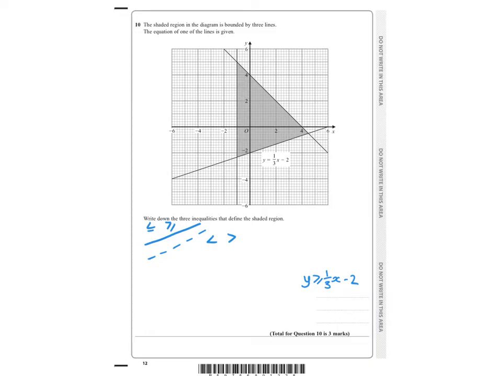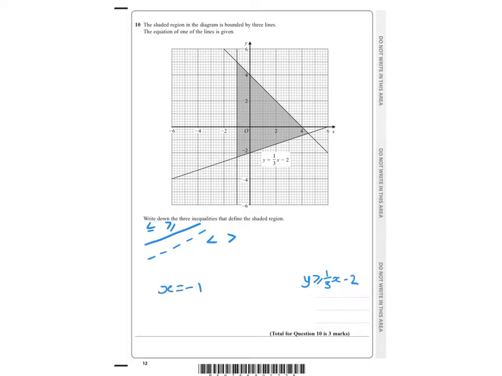Next up, we're going to have a look at these lines. This line here, we should all know that this line is x equals minus 1, because no matter any point I choose on this line, x is minus 1. The line is x equals minus 1.